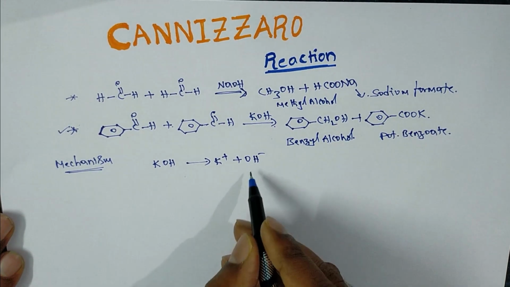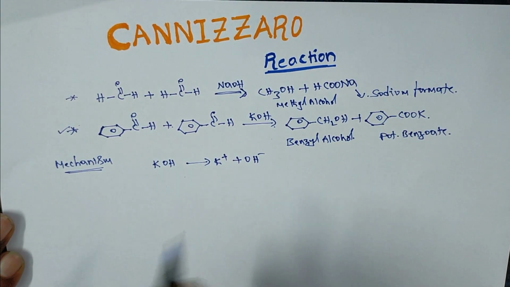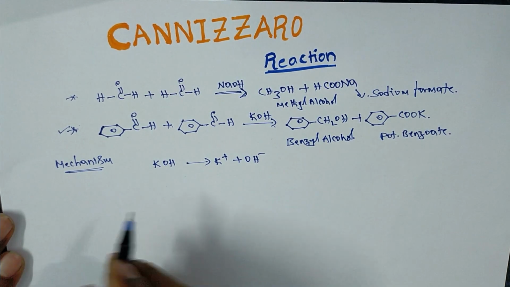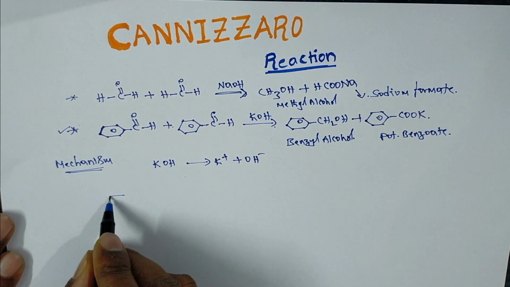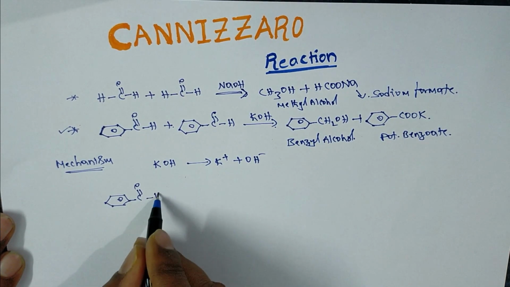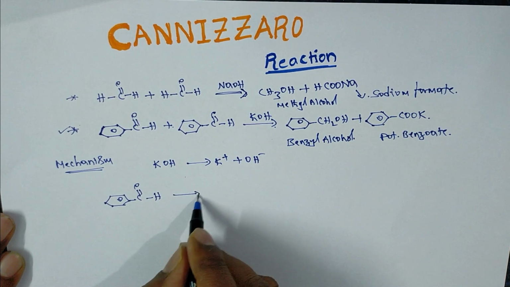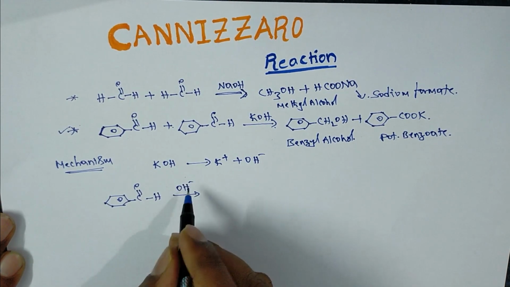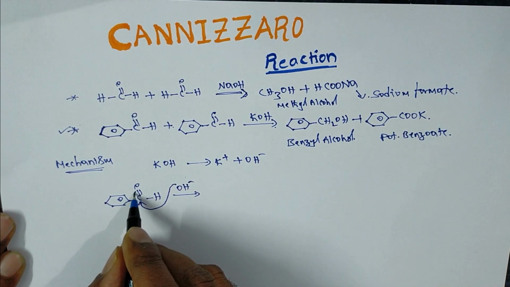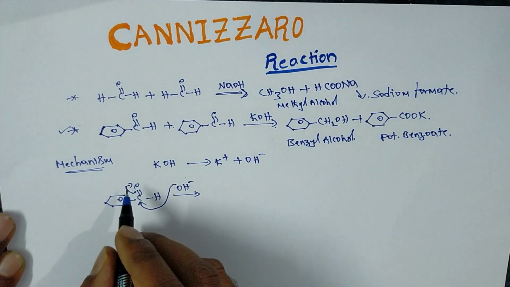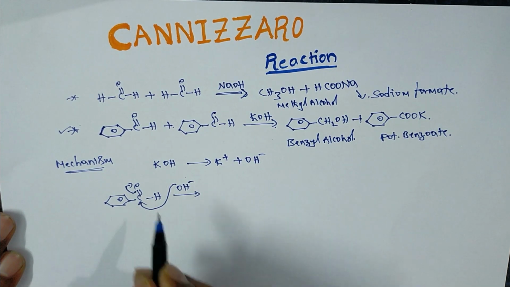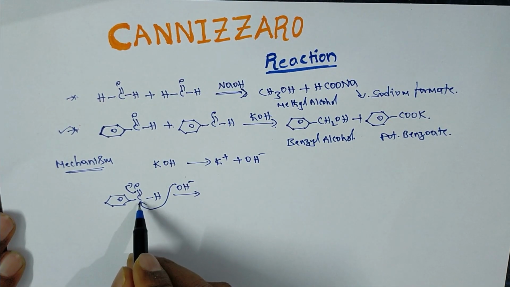Here OH minus is the nucleophile, so this nucleophile first reacts with benzaldehyde, C6H5CHO. This OH minus attacks this carbon and the double bond migrates towards oxygen, so this oxygen gets a negative charge.